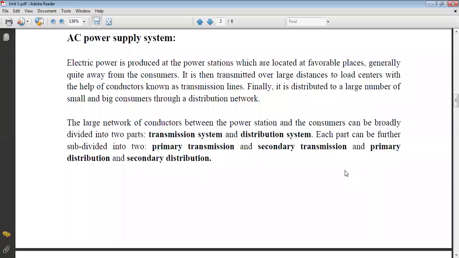Now, another important part is the AC power supply system.